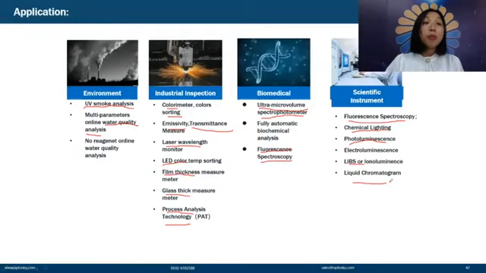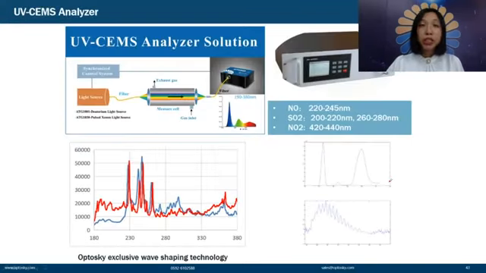Surely the application cannot be limited in here. There are many more. But next, we are just sharing several instruments designed by the Optosky with you to see how these spectrometers are being applied.